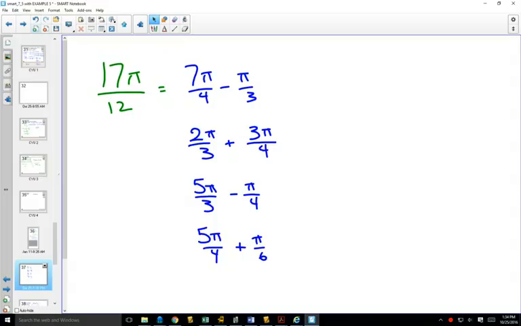If you took 5 pi over 6, which is 10 pi over 12, and you subtracted this, you would get 7 pi over 12. So you need to get 17. All right, we got 4, 16 more to go.